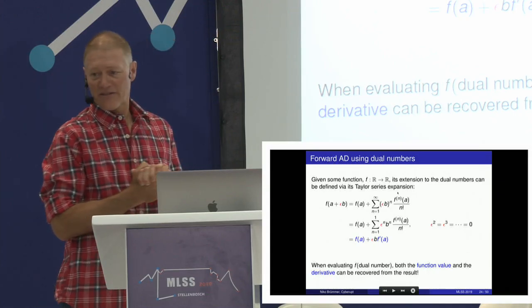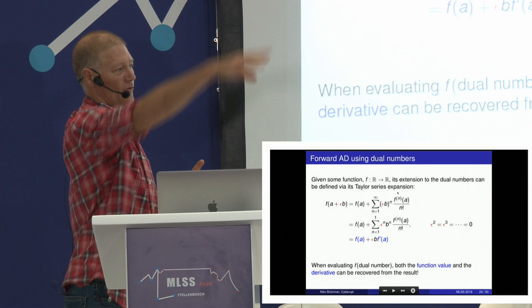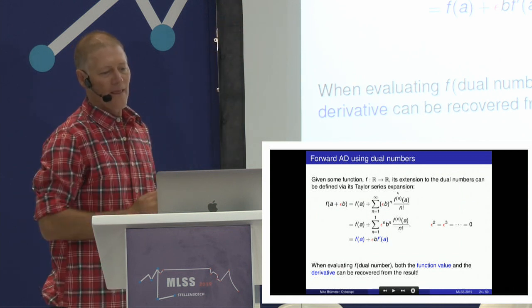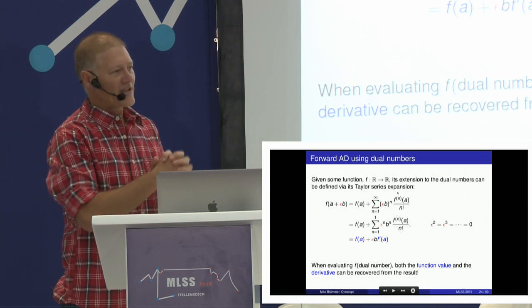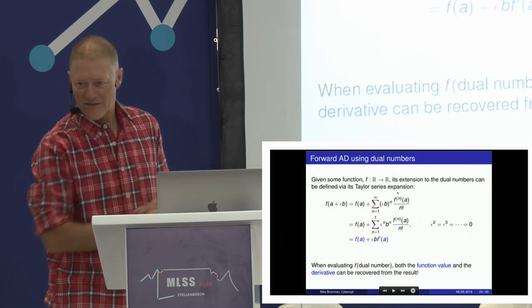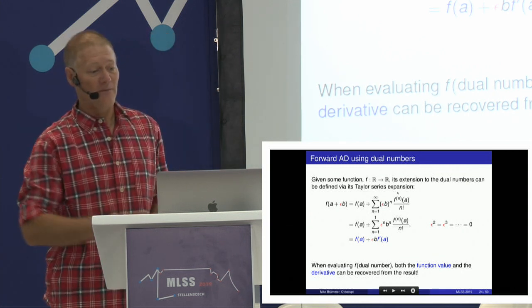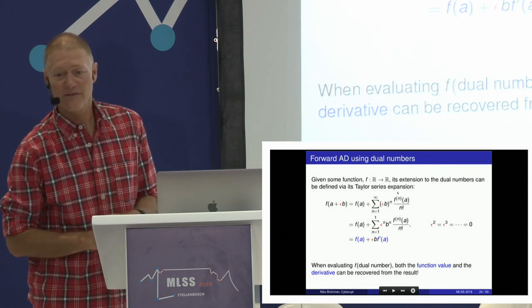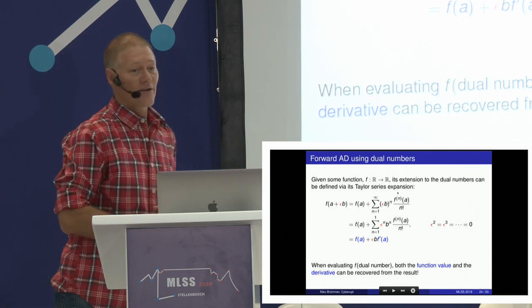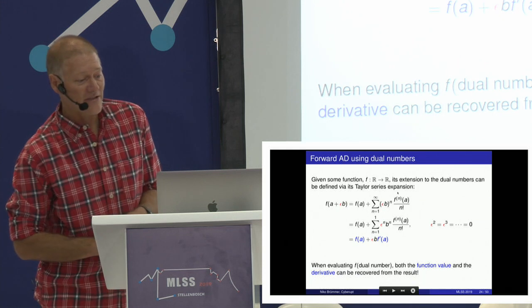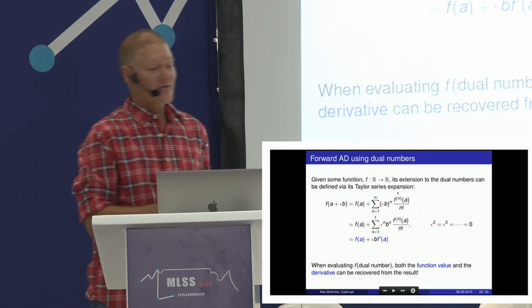Then the Taylor series is an infinite expansion with all of the derivatives of the function. But because epsilon squared is 0, epsilon to the third is also 0. So you're truncating the Taylor series after the first term. All the rest of the terms fall out. So in the end, the only extra term that remains is the first derivative.